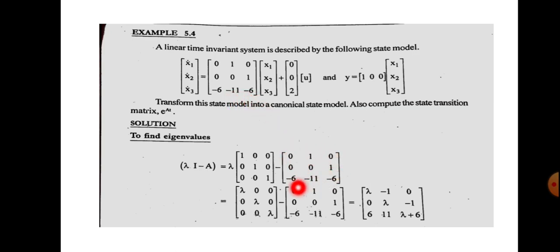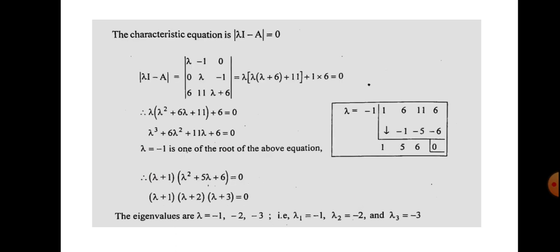So this is A. So lambda I minus A means lambda is unknown, which is the eigenvalues, and I is the unity matrix. Since A is a 3 by 3 matrix, I will also be a 3 by 3 matrix. So you can do the calculations. You will get the matrix of lambda I minus A as this matrix. To find eigenvalues, the determinant of this matrix will be equal to 0. That is the characteristic equation.